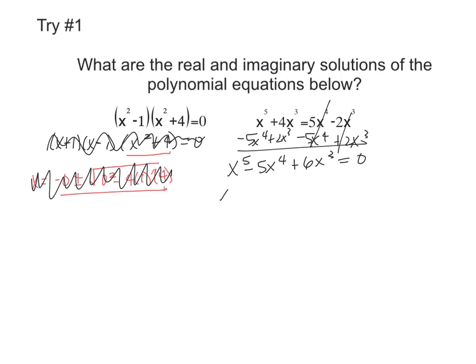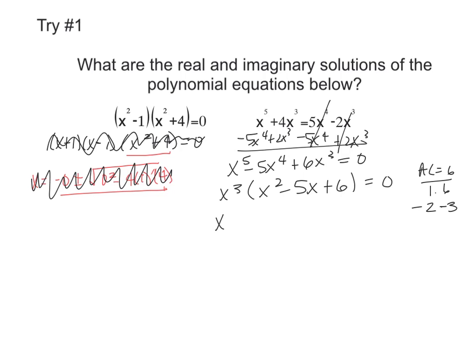So we're going to factor out x cubed, and we're left with x squared minus 5x plus 6. From there, I can do AC. AC will give me 6, and 1 and 6 and 2 and 3. Once again, the factors that will work here are negative 2 and negative 3.